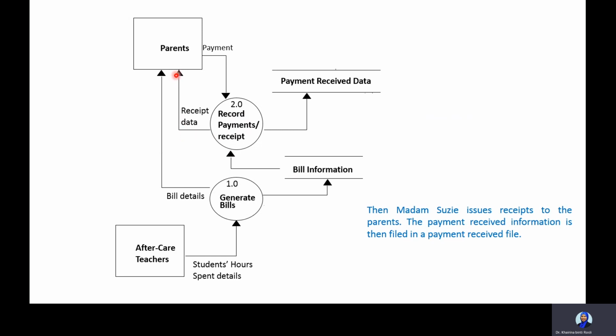The payment receipt information that she used to record the payment is then filed in the payment receipt data. So payment receipt data in file: draw two lines here, and in the middle, name the file.